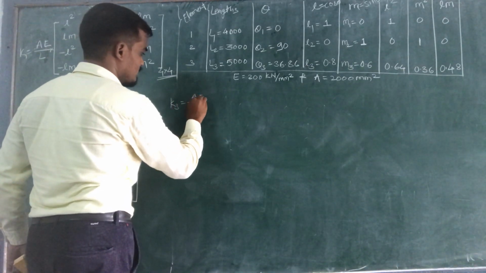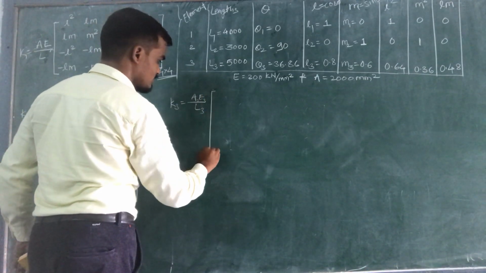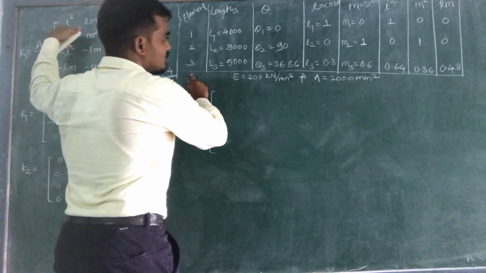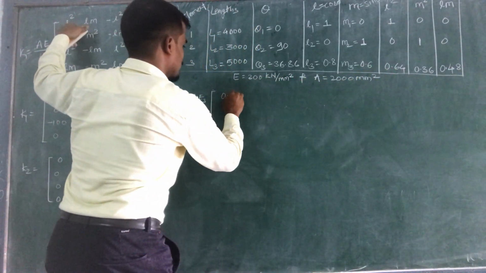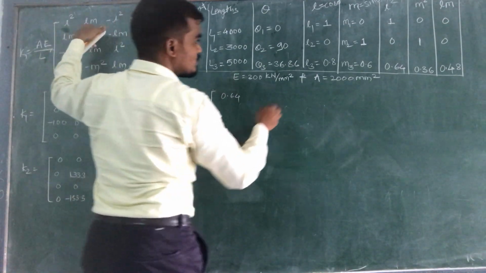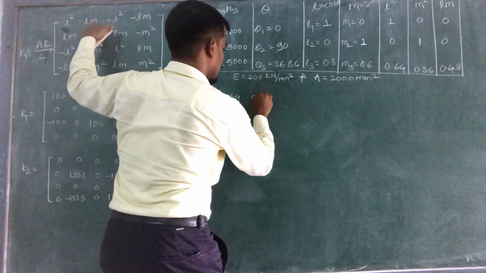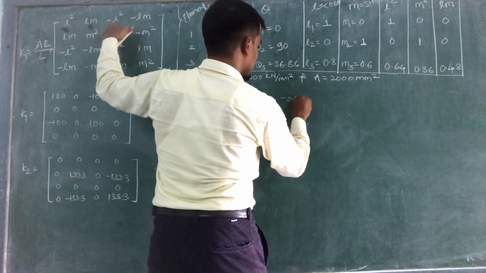A by L means A3 by L3 into this matrix. Now for the third element, L square is 0.60. Lm is 0.40. Then minus L square is minus 0.60.